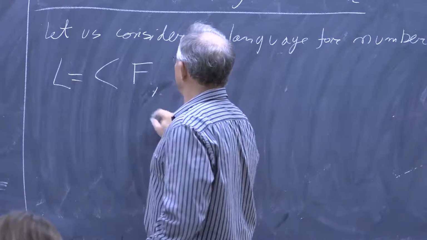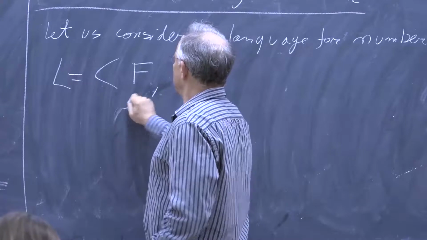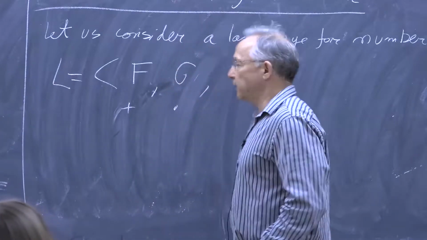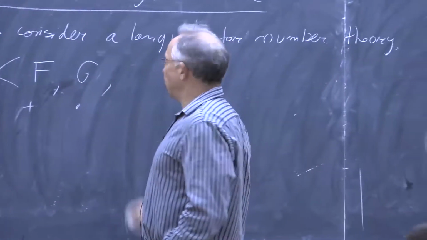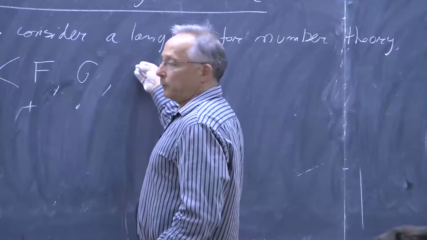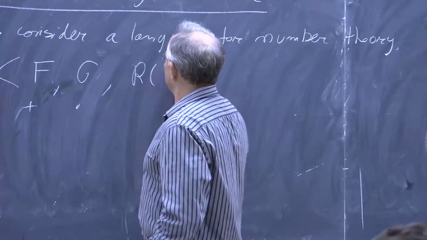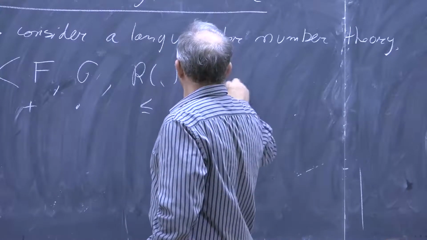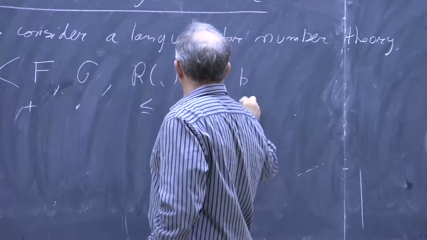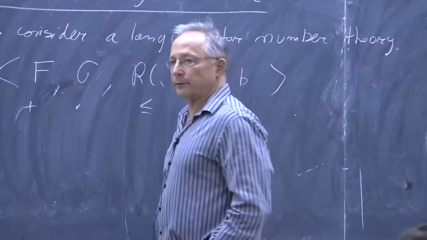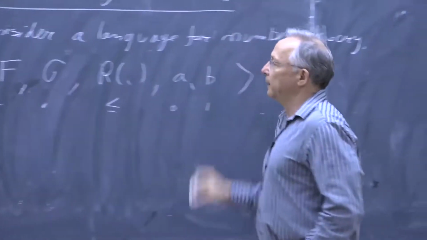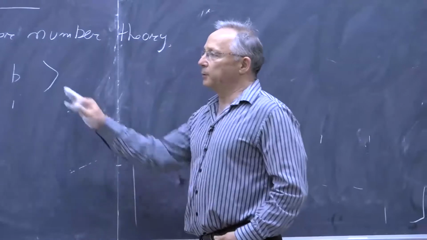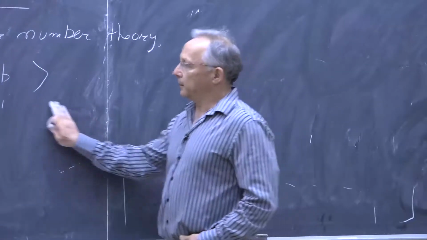For now, it's just a language. I want to put there r, two places, that will stand for less or equal, then I can put a and b constants for 0 and 1, and we can add more stuff. So this is going to be some language. Let's, for concreteness, assume that this is our language.